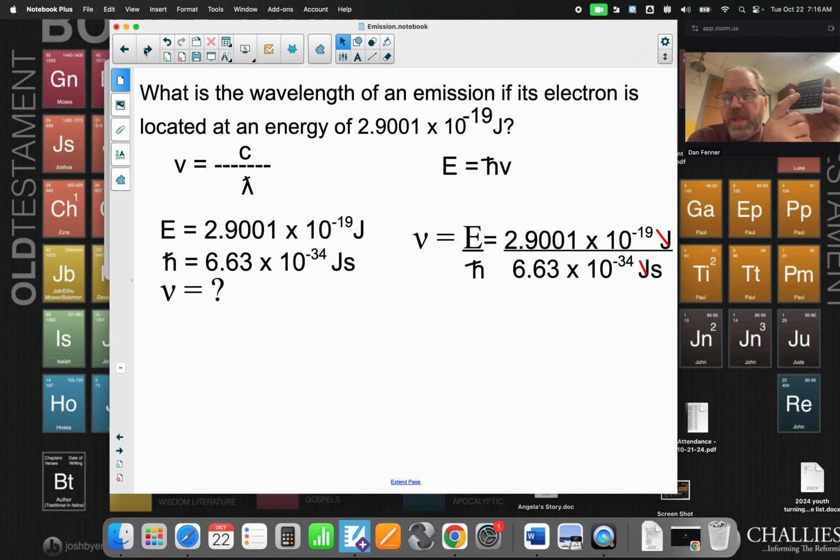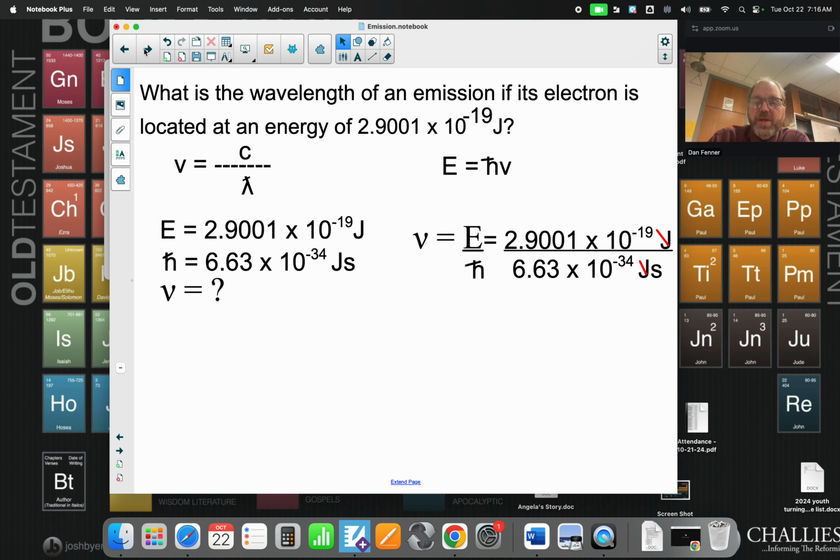So all you got to do is put the number in, 2.9001 EXP. That gives you exponential, or EE on my calculator, or 10 to the x. That's a third possibility. If you do times that, it's going to multiply. So don't do that. So just take 2.9001 EE, EXP, 10 to the x, negative 19.